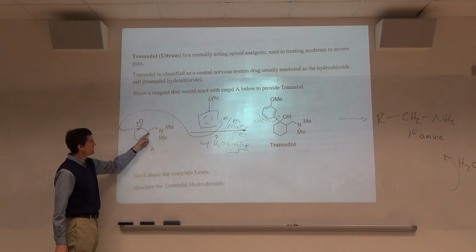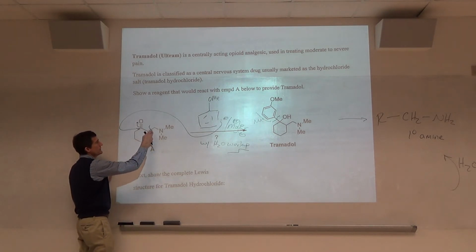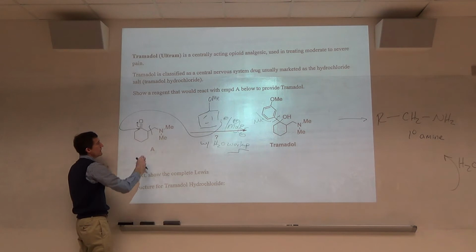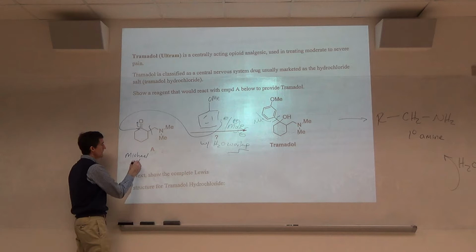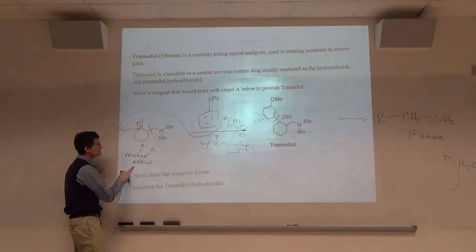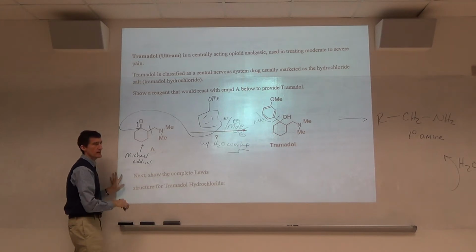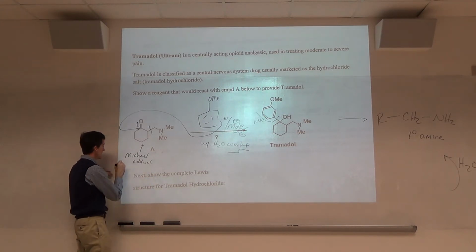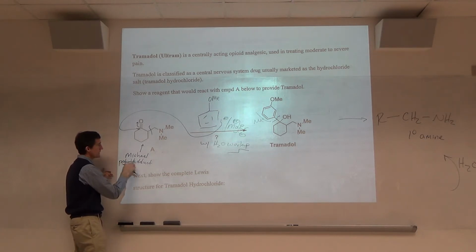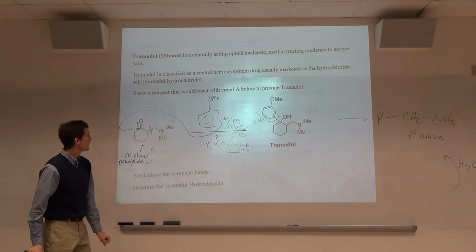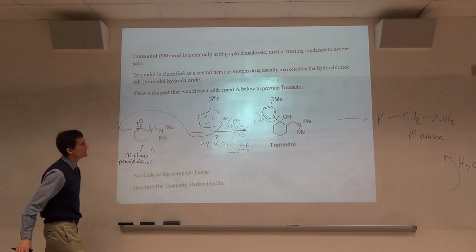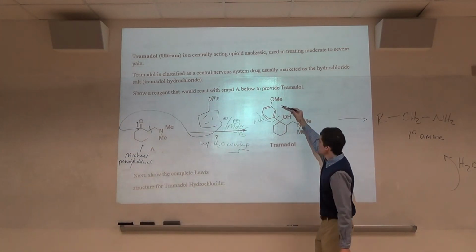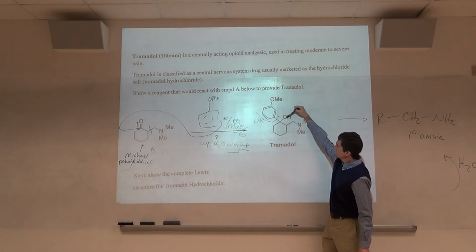We'll learn how to make such a compound during test 4. Bond right here. You can write this down. This would come from a Michael reaction. A Michael adduct or product. We'll learn about Michael reactions during test 4. So does everybody see how this could have added to this carbonyl?